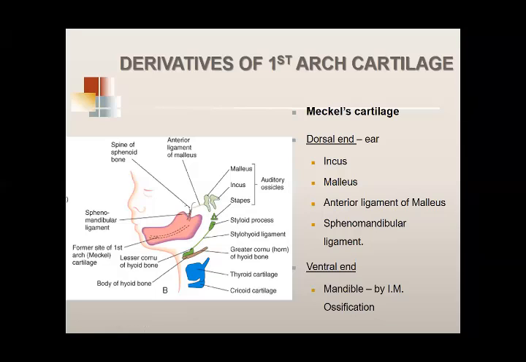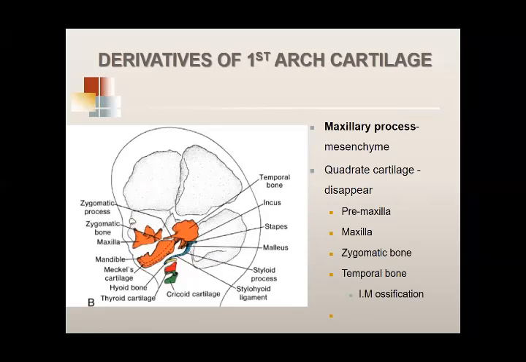Right half, left half, and the two halves of the mandible, they fuse in the midline. So right side पे भी cartilage है, left side पे भी cartilage है, and they fuse in the midline. हमने कहा था कि first arch का एक maxillary process है, एक mandibular process है. Mandibular process तो आपको बता दिया कि हमने mandible कर ली थी.